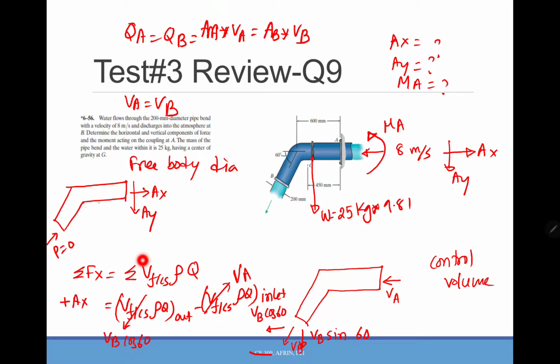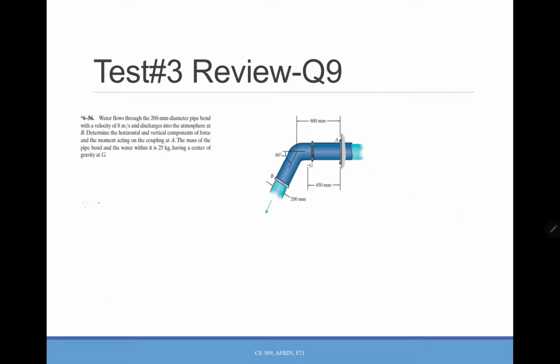Now the next thing is how can you calculate M around A. Okay, so you have weight, which is 25 times 9.81.